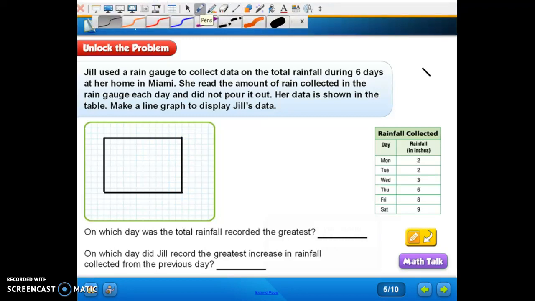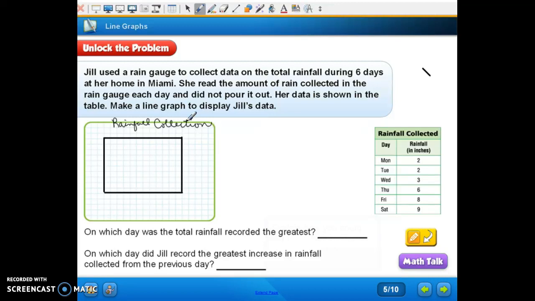And we're going to label. What should we label our graph? What's she doing? Collecting rainfall. Okay, so rainfall collection. And then what is the name of the numbers we're going to put along the Y coordinate? Rainfall in inches.